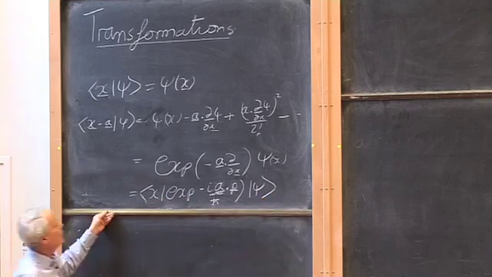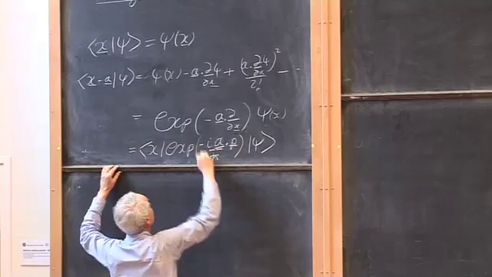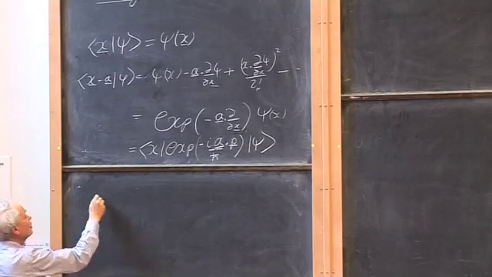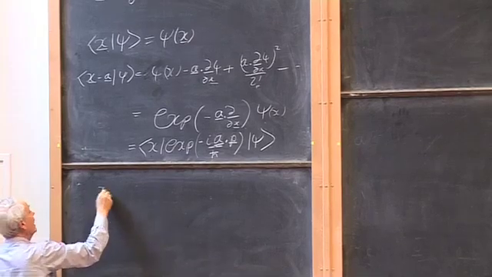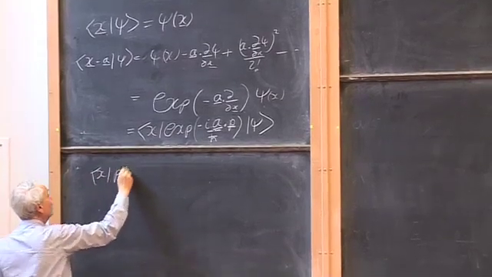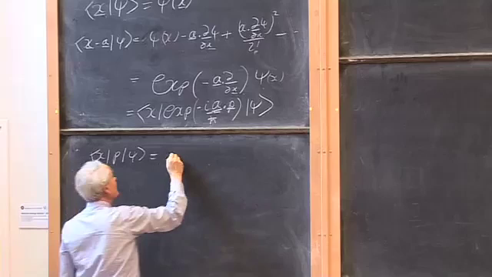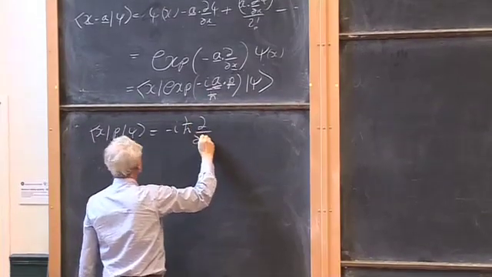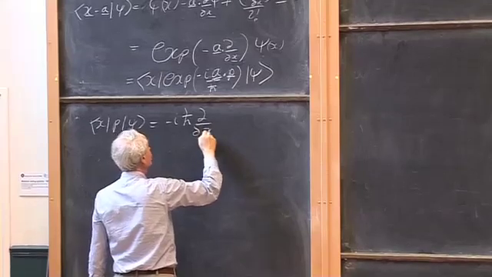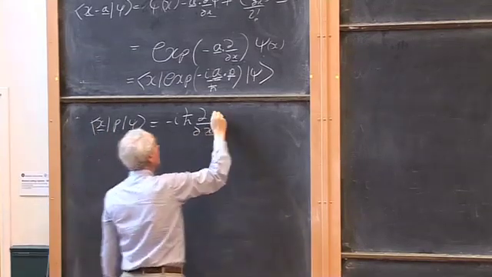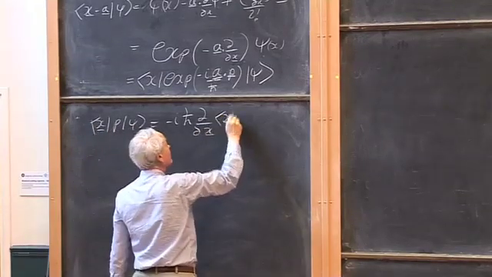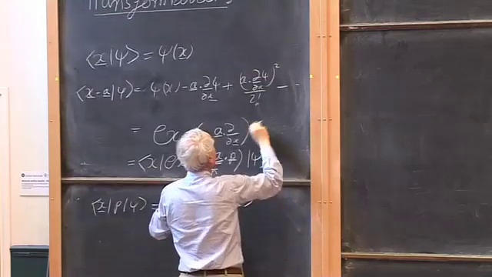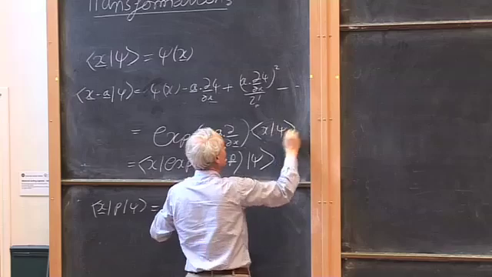Let me just remind you what my authority for that is. My authority for that is the definition of p, which was that x p psi was by definition minus i h bar d by dx of x psi, and this animal here could be rewritten as x psi.